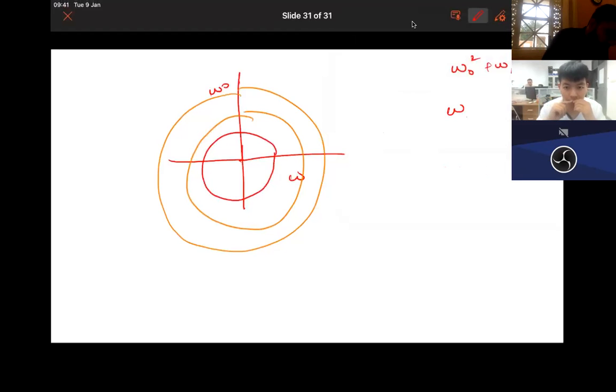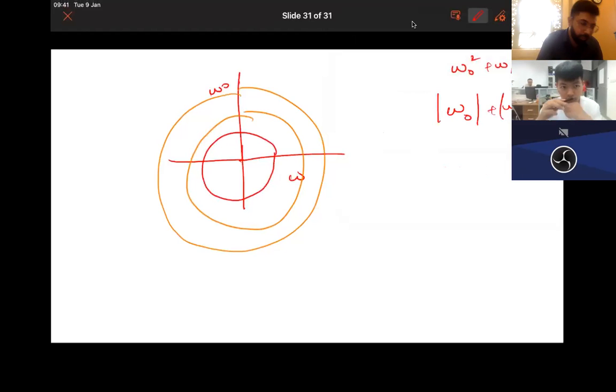What would the absolute value of W0 plus the absolute value of W1 equal to C look like? Let's look at it in the first quadrant, where W0 and W1 are positive. So this would be W0 plus W1 equal to C. Now this is a line. You can do it for all other four quadrants.